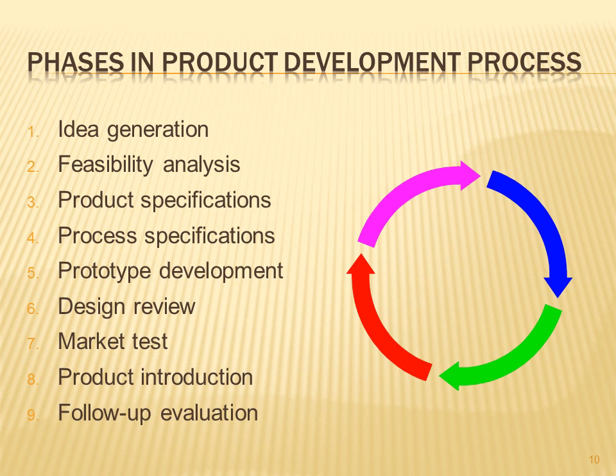Now let's look at these phases. Idea generation, probably the least expensive of these particular costs. Idea generation is the beginning of the product development cycle. And then you have to look at a feasibility analysis.